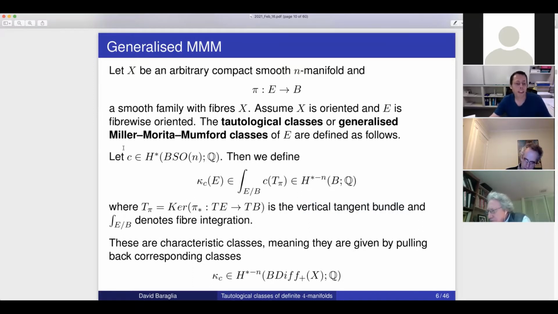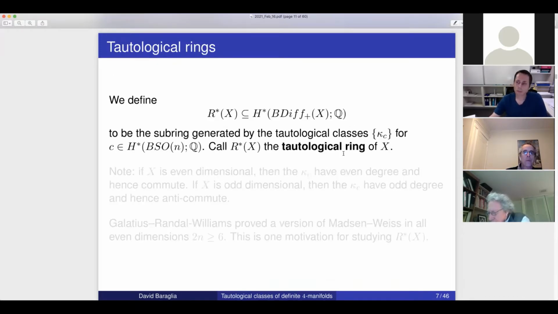Basically, every characteristic class for SO(n) is going to give me a cohomology class in BDiff, and those are the tautological classes. So then you can define the tautological ring as just the subring of the cohomology of BDiff which is generated by those classes, and we call that the tautological ring of X.